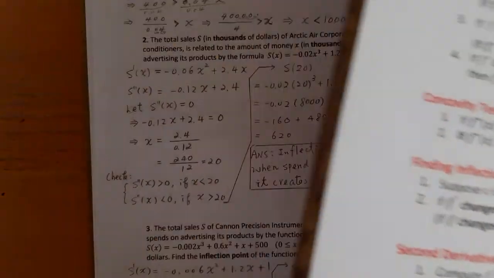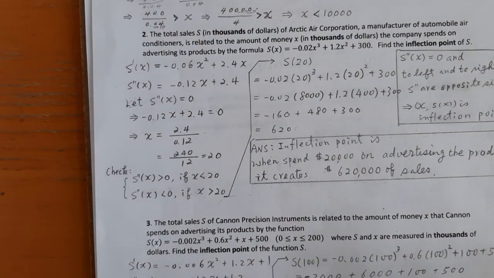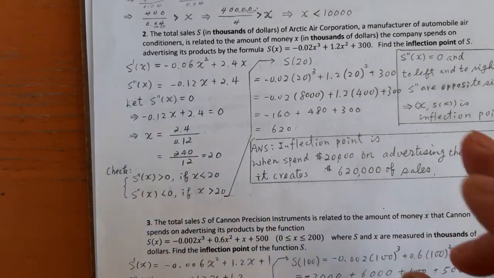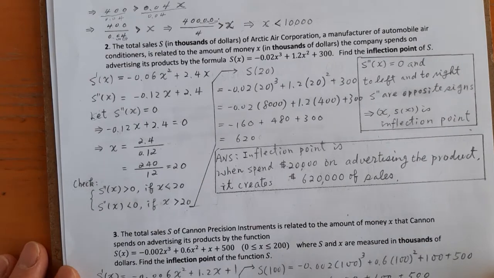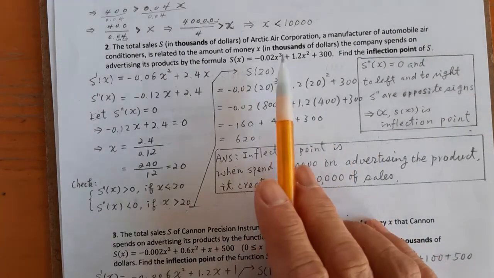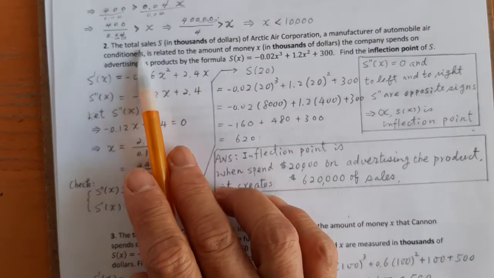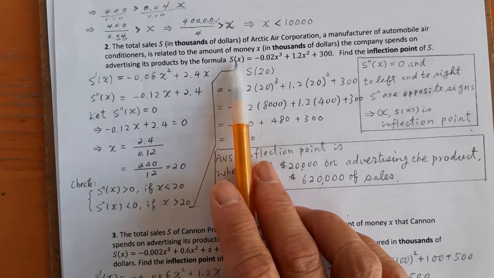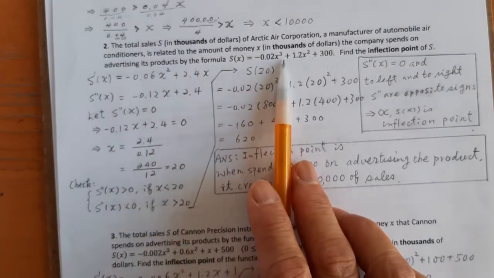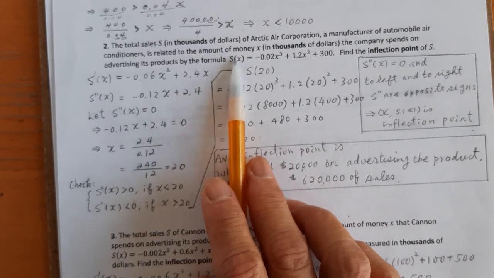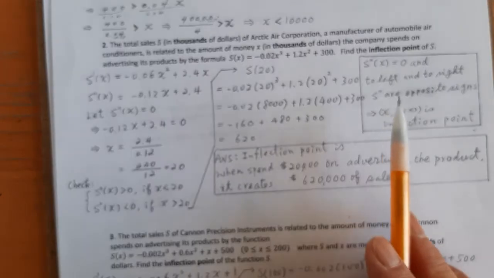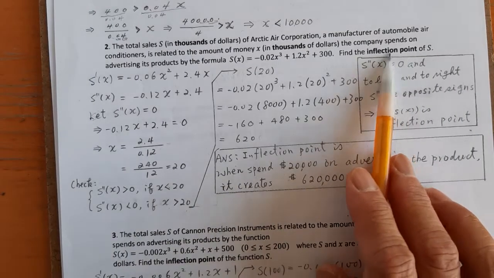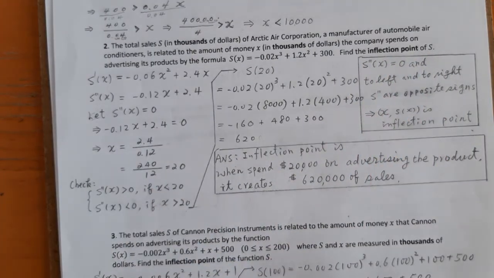Concavity changed, and at that point is the inflection point. So that's the inflection point. Like the question, we go back to question 2 and 3 and find the inflection points. First of all, S is sales and x is the advertising fee, and sales depend on x, the advertising.